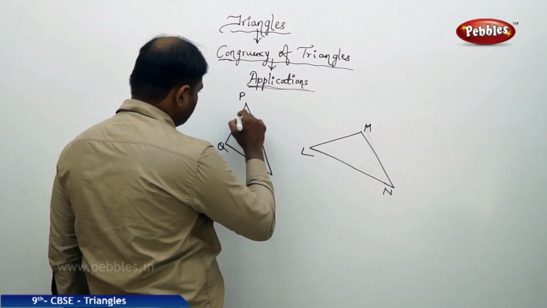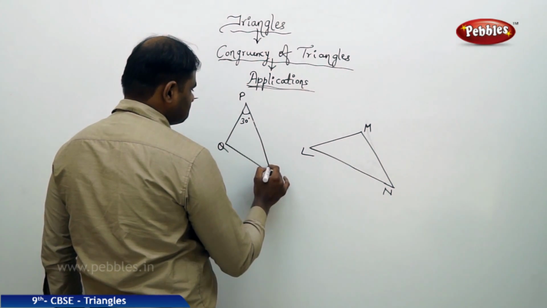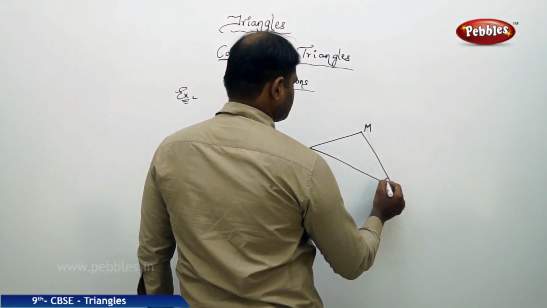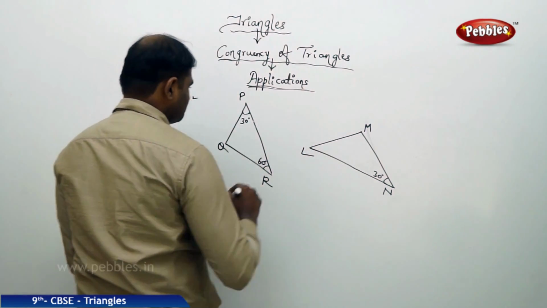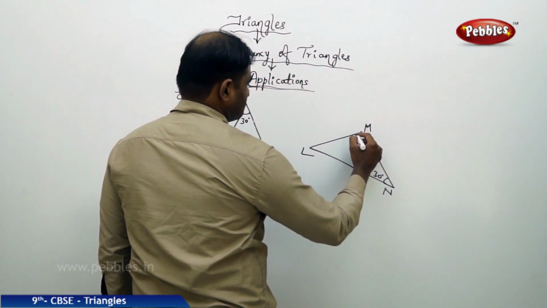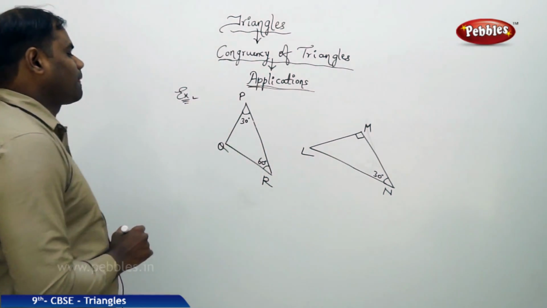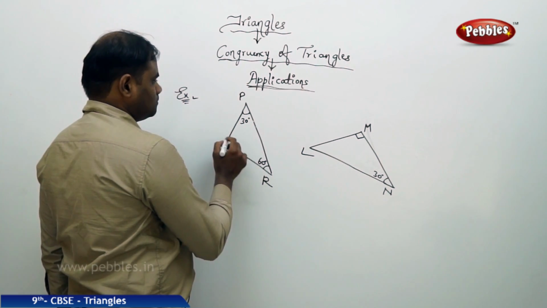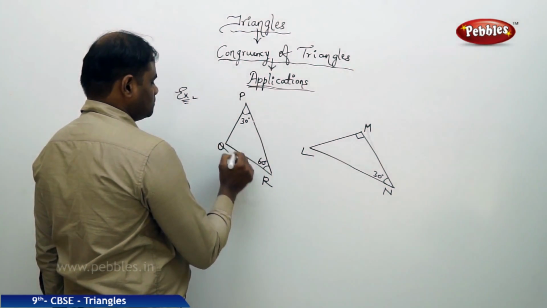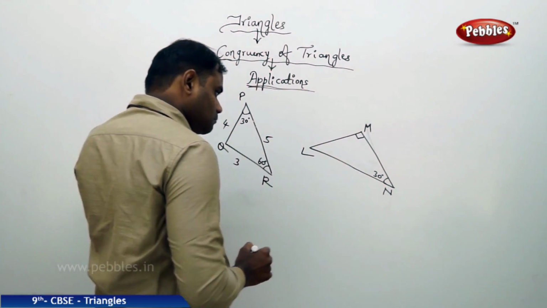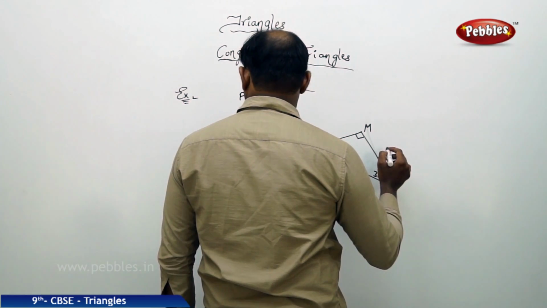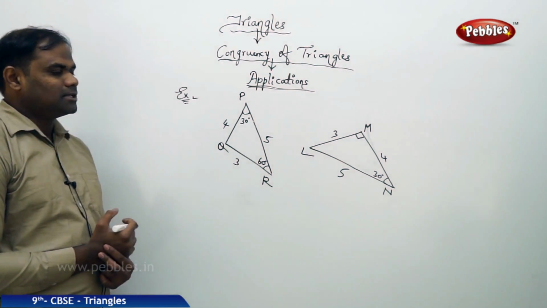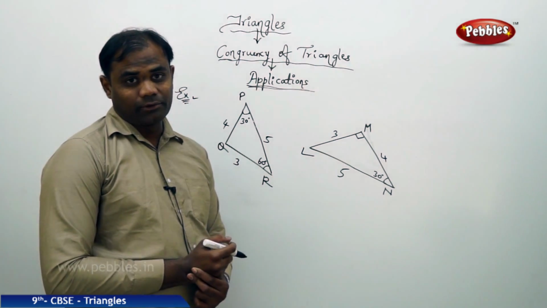So let's see. 30, 60, and then this. So let's see if the two triangles PQR and LMN are congruent.